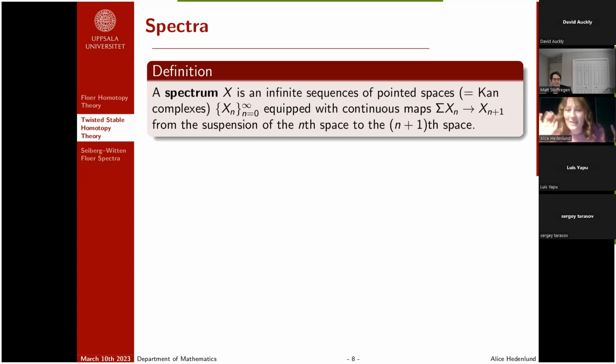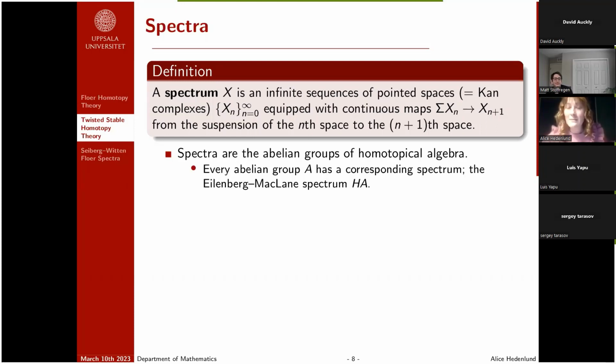The important thing is that conceptually they work as sort of abelian groups. Like I say here, spectra are the abelian groups of homotopical algebra in some sense. In particular, an abelian group will give a corresponding spectrum, the so-called Eilenberg-MacLane spectrum. So in this way, spectra are algebraic.